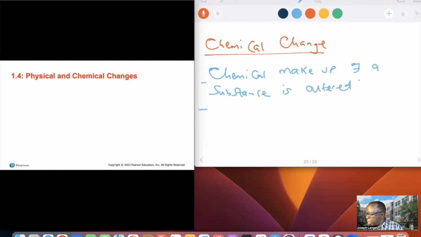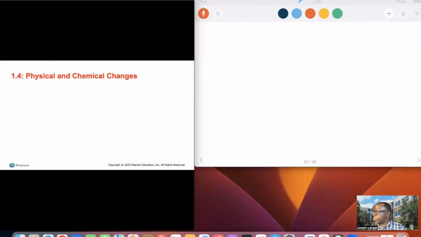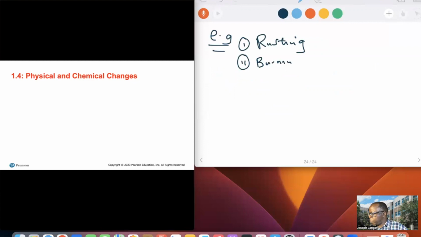We can also say that it is irreversible. That means you cannot go back. Examples are rusting, burning, digesting.